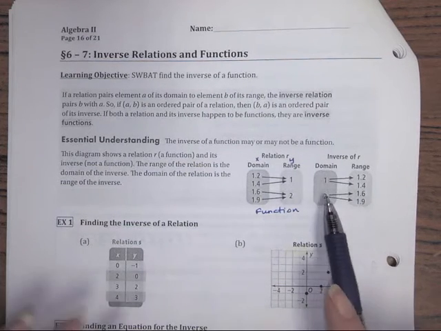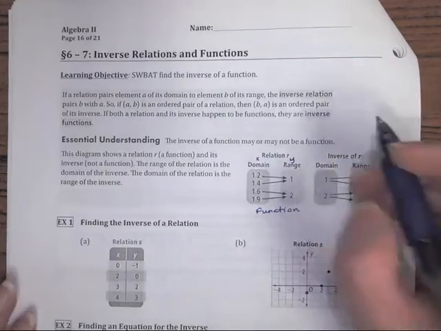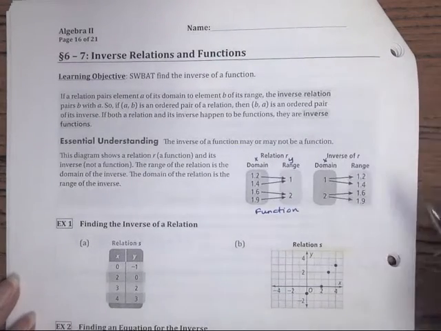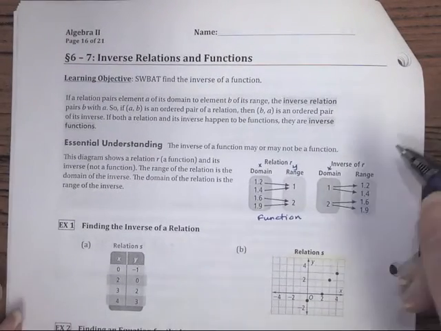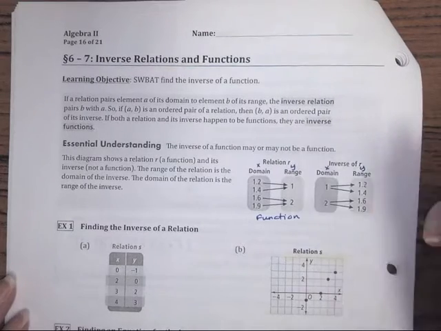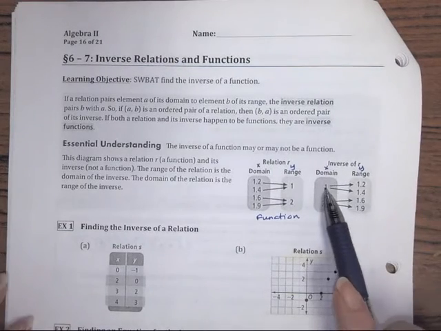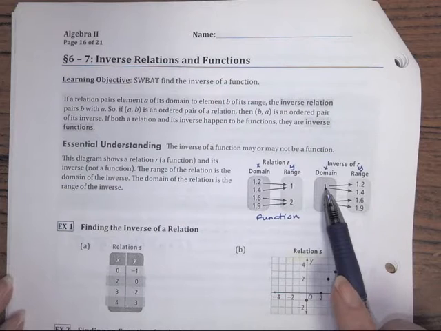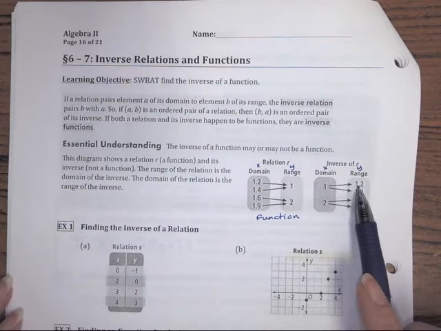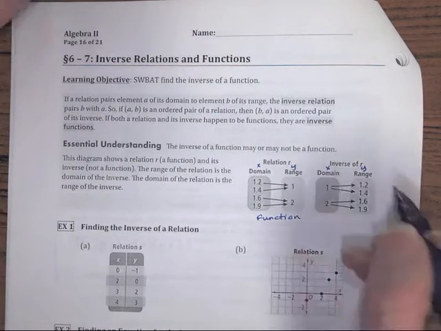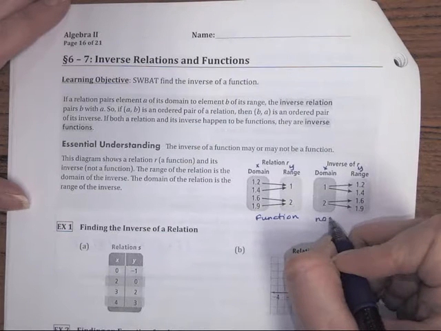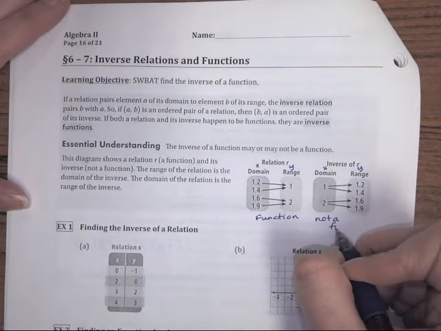So now your domain is these two values, and your range is the four values, and you can see that each member of the domain is now not going to just one y value, but going to two. So this is not a function.